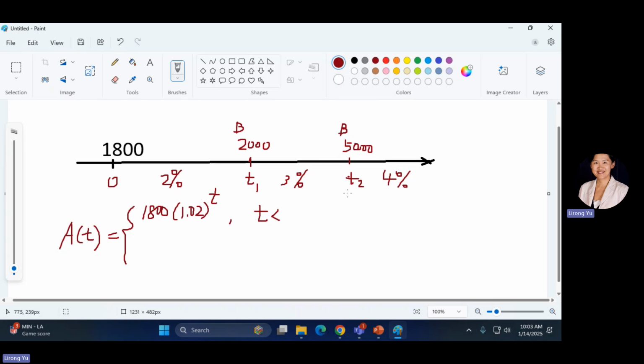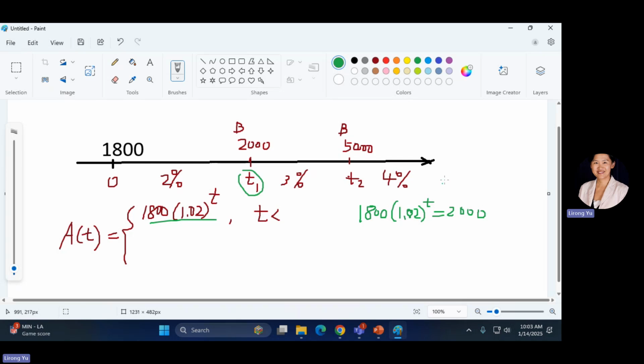That's when the growing money reaches 2,000. We have to determine T. Before T reached T1, it followed this growth function. So we want to find out at what time this money, growing at 1.02, grows into 2,000. Then we can determine T1.